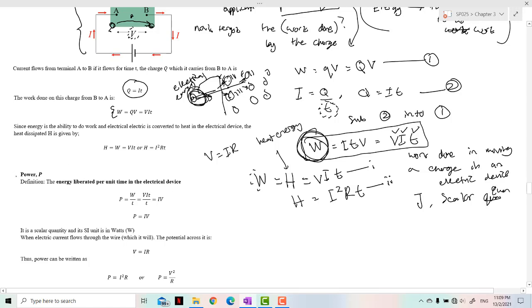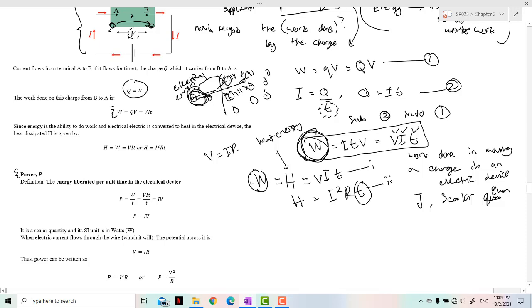Then let's look at power. Usually when you're talking about electrical energy, we're talking about power. So what's power? Power is defined as the energy liberated per unit time in an electrical device. Like I said, from our heat energy and also our work, we are relating time here.